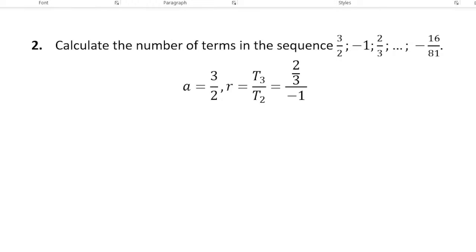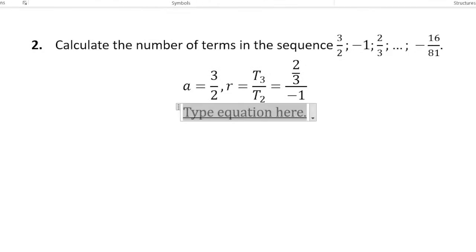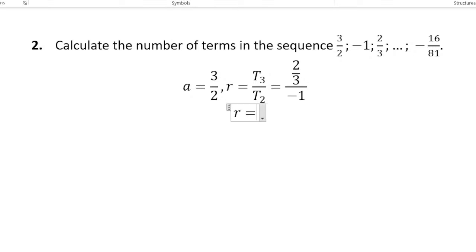So therefore the common ratio r is equal to negative 2 over 3.